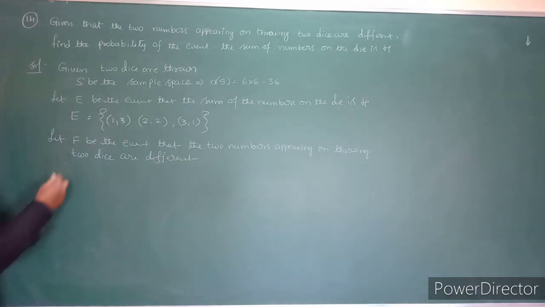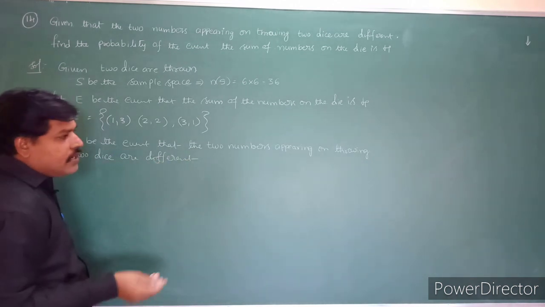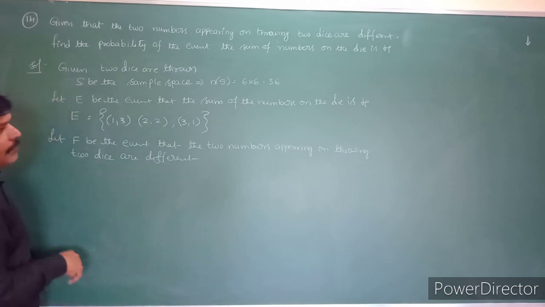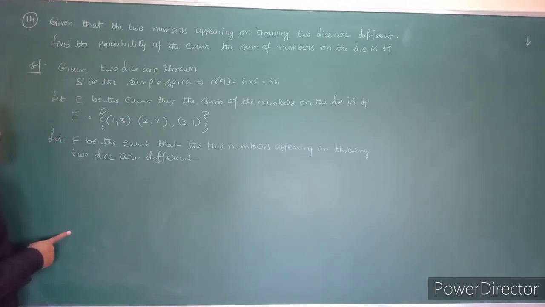What is F? The numbers appearing on the dice are different.